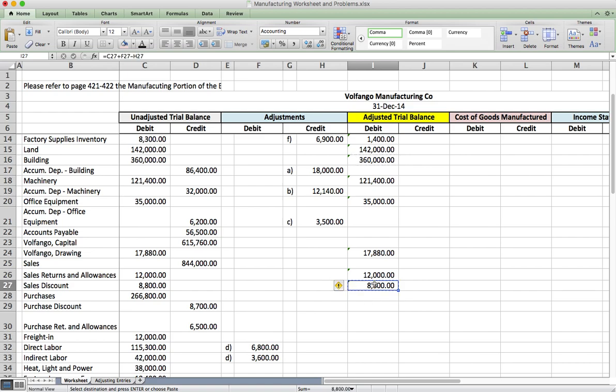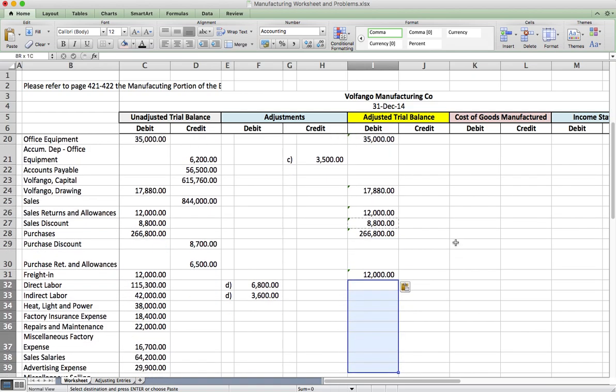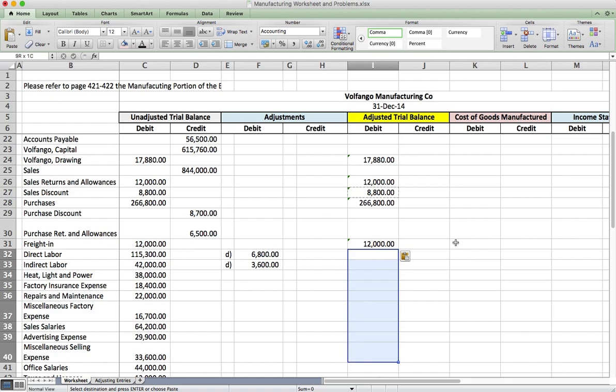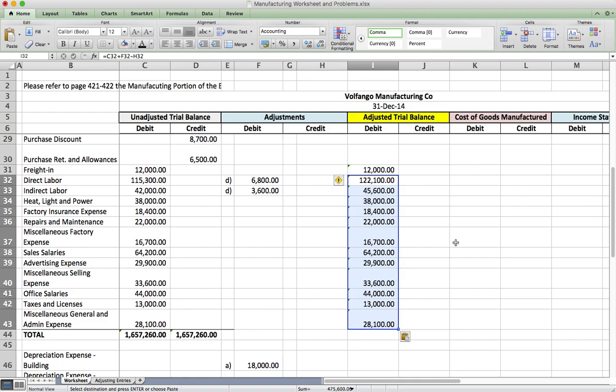And then purchases lang pala. And then freight in, direct labor. So, ang ginagawa ko, nilalagay ko lang yung formula na debit plus credit dun sa mga normal debit balances. So, ang mga normal debit balances, assets, contra sales account, and then expenses.